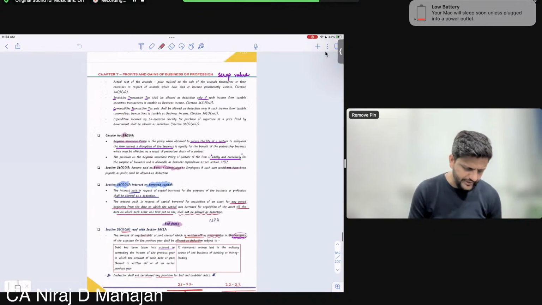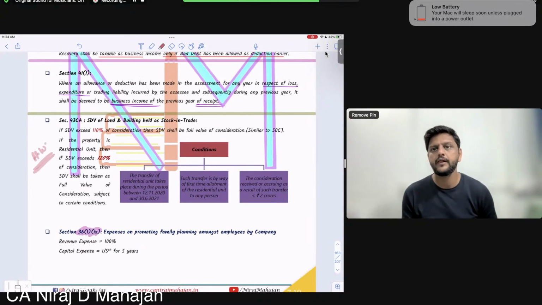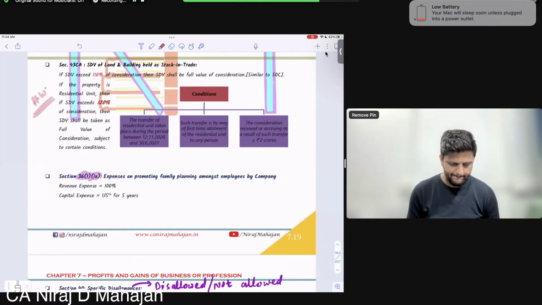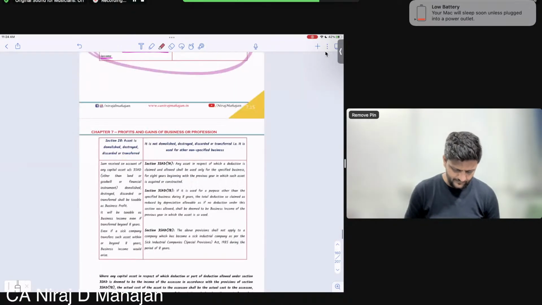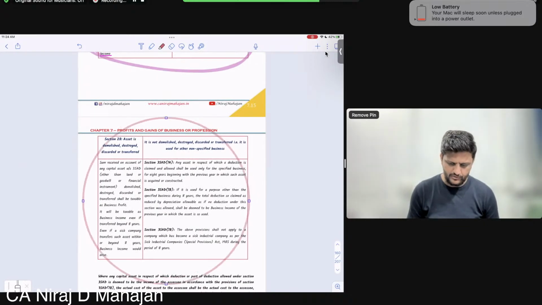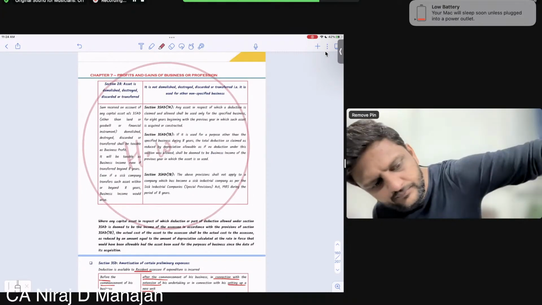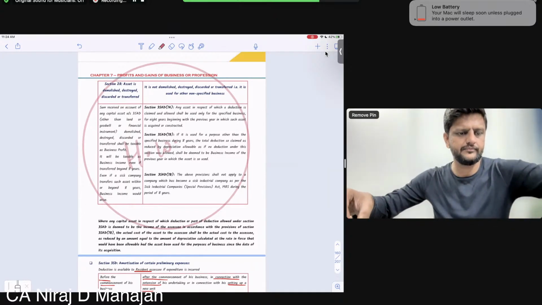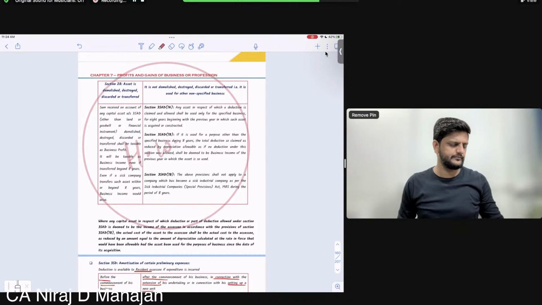This also, 43CA. Homework: read this also, it can come. 43CA, and 35AD. This one is important. This part also, page 7.15, homework. Read and come, that's it. All of you okay till here?